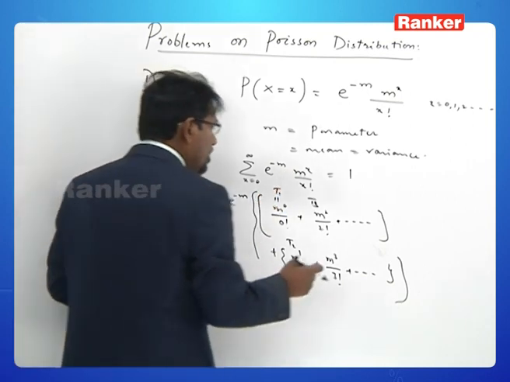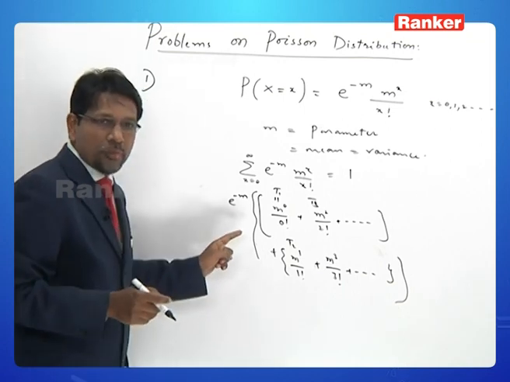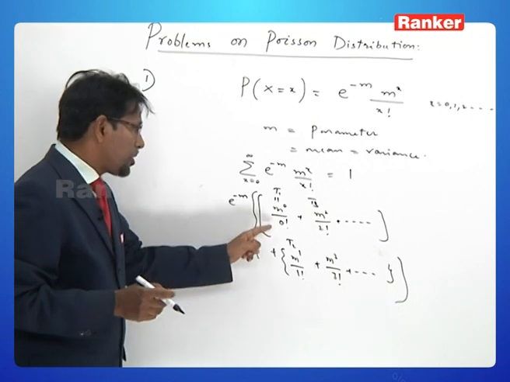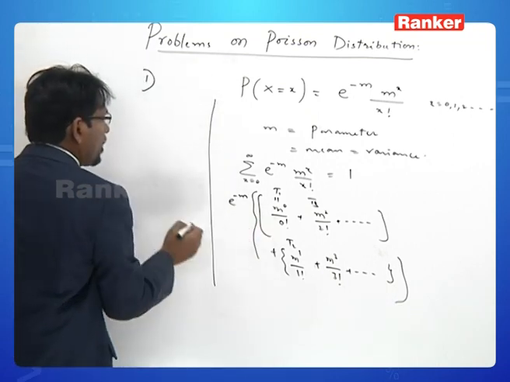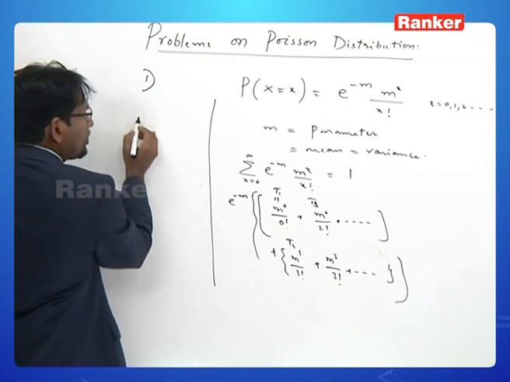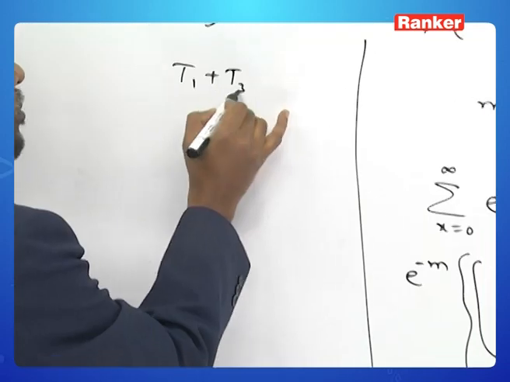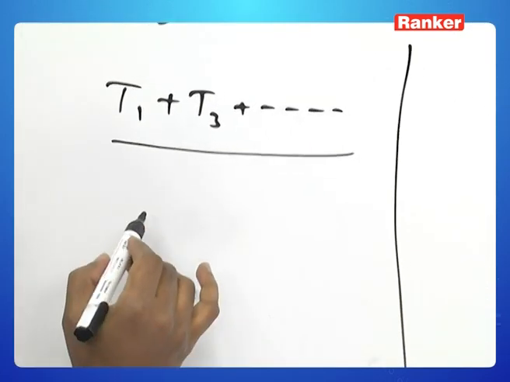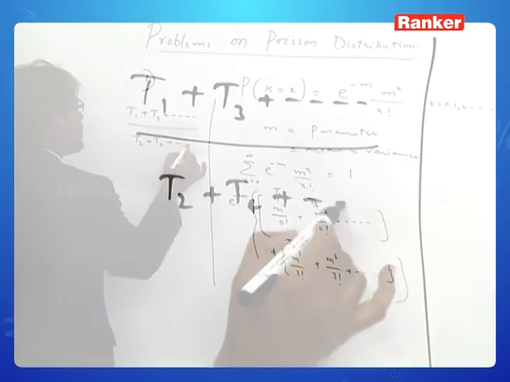The whole thing we know is equal to 1, but we are interested in the ratio of the sum of the terms which are in the odd position. So, T1 plus T3 plus so on divided by T2 plus T4 plus so on. This is what we want.